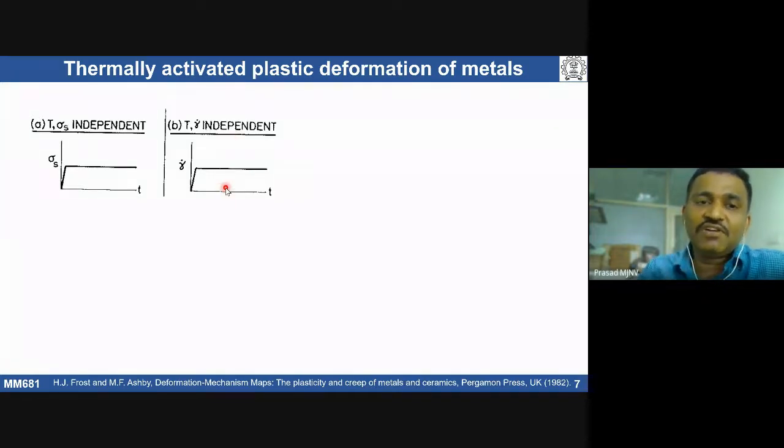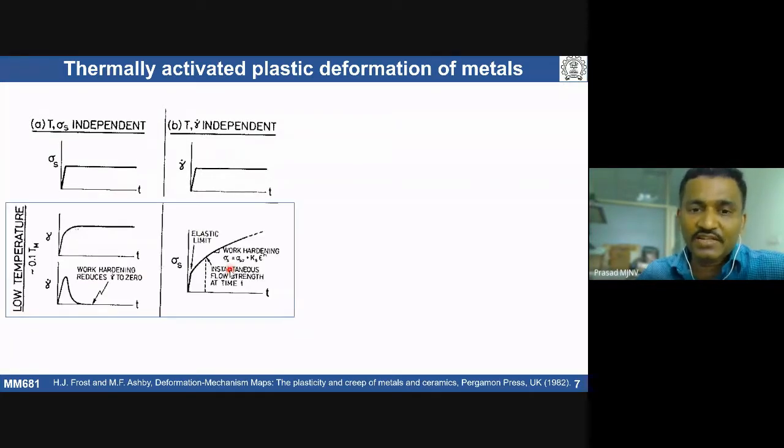Typical axial testings involve constant strain rate. Creep testings involve constant stress. So accordingly, how the strain changes and how the stress varies depends on what type of variables you are maintaining.